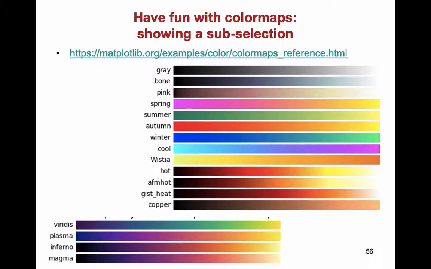You can try copper, you can try cool, you can try spring. Give it a shot. And this is really just a sub-selection that fits on my slide. There's way more than that. You can go to this link and look at others.